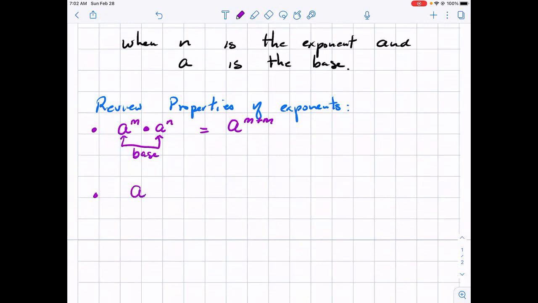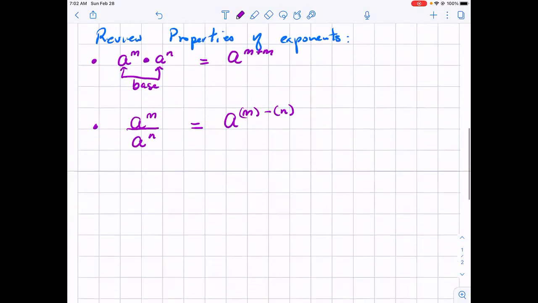Likewise, if I have a to the m power divided by a to the n power, once again the bases are the same, so we keep the base, and it's the numerator power minus the denominator power. I keep it in parentheses so that you don't get lost with your signed numbers.